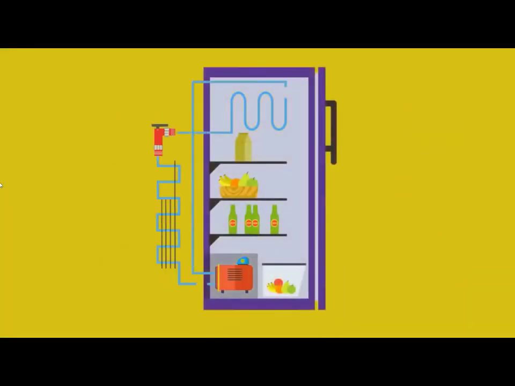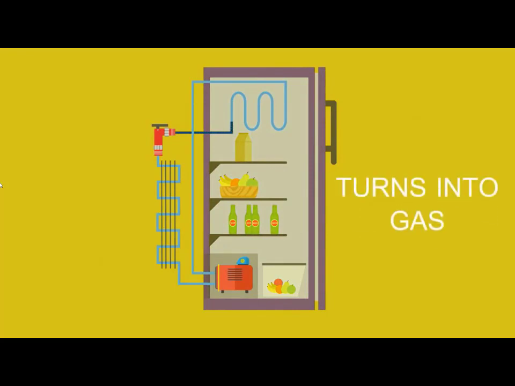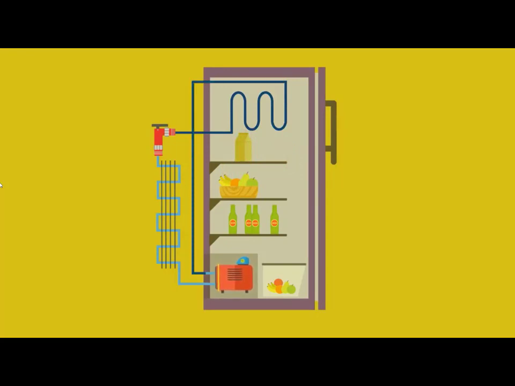The refrigerant is a liquid that enters in the expansion device. As it passes through, the sudden drop in pressure makes it expand, cool, and turn into a gas. As the refrigerant flows around the evaporator coil, it absorbs and removes heat from the food inside. The compressor squeezes the refrigerant, raising its temperature and pressure.